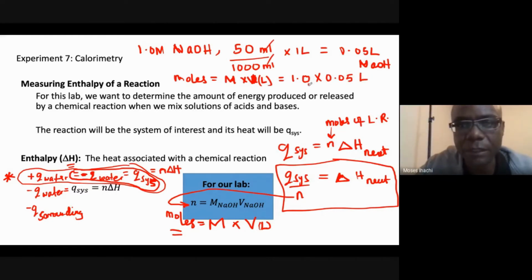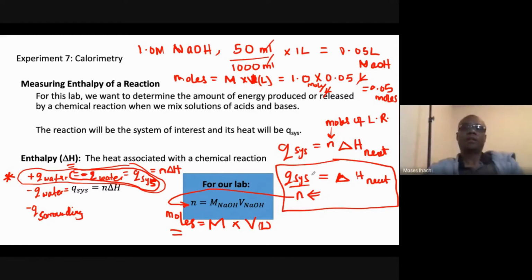Molarity is moles per liter, so the liters cancel, and you're left with moles in your answer. So it's 0.05 moles. That's how you find this n right here. Remember, Q of the system will be the negative value of Q of the water, because the water will gain the temperature.